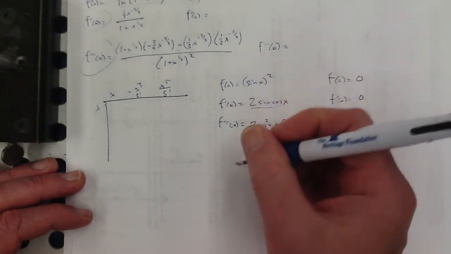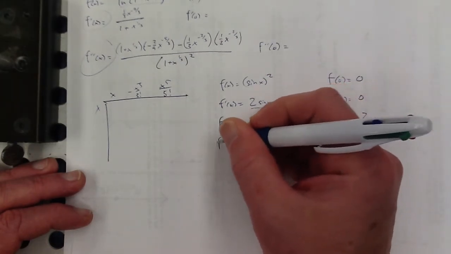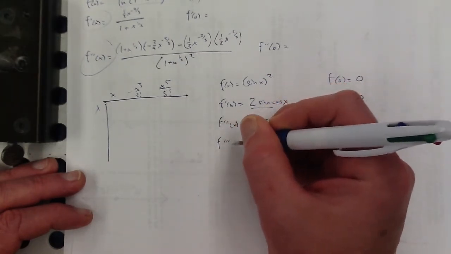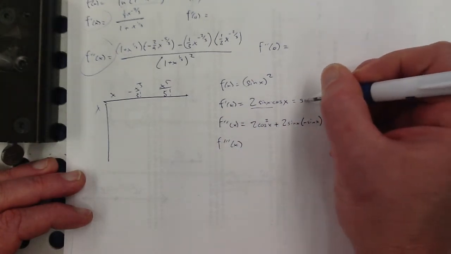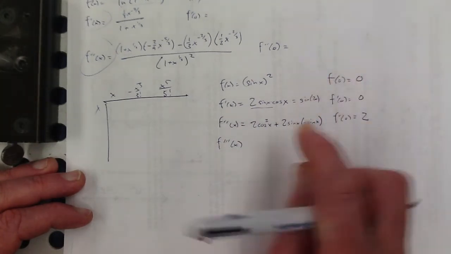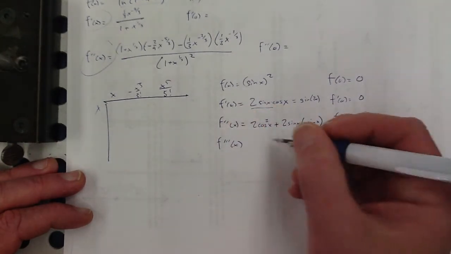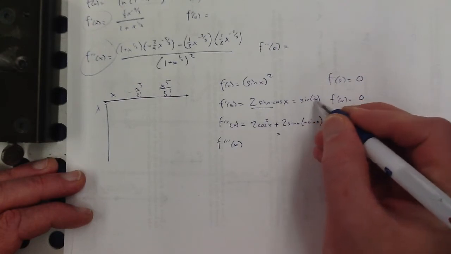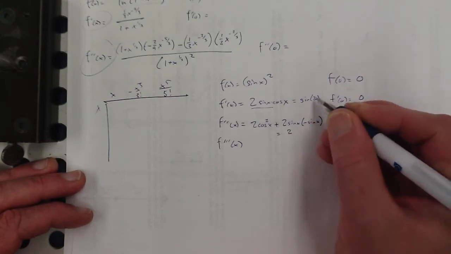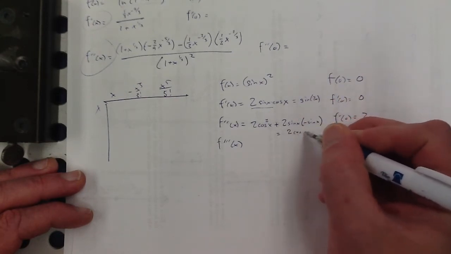And then this is where it's super helpful to recognize that that is the sine double angle, because then that would have given you, for the second derivative, what's the derivative of sine of 2x? It's 2, because of the chain rule, cosine of 2x.